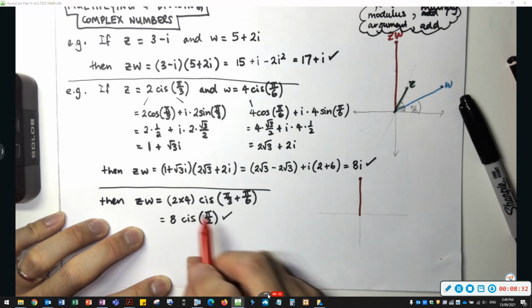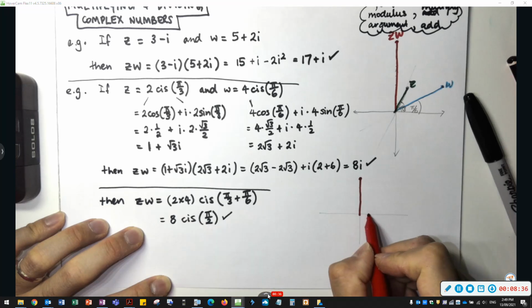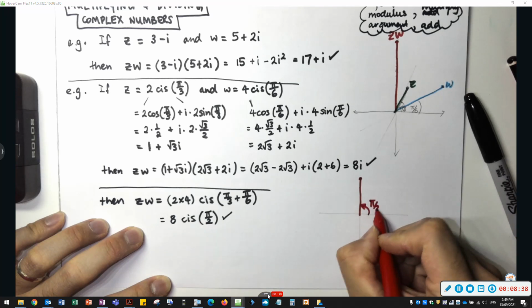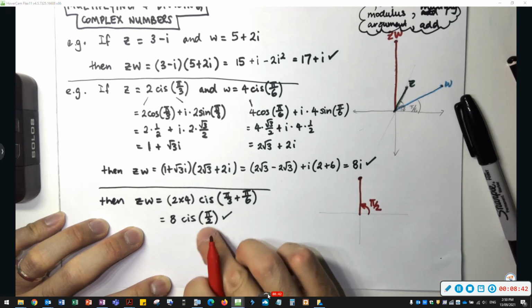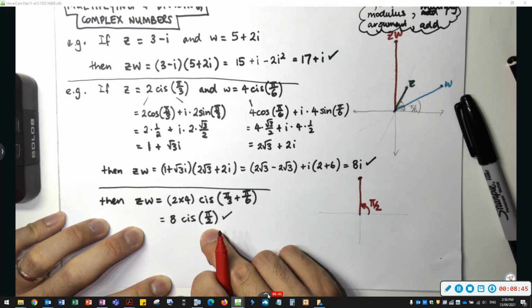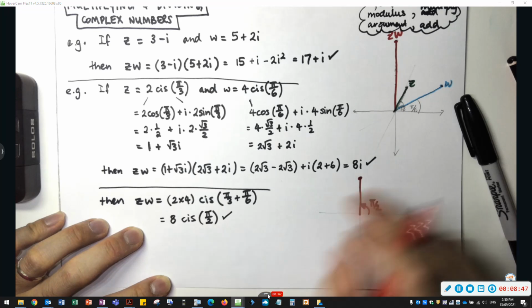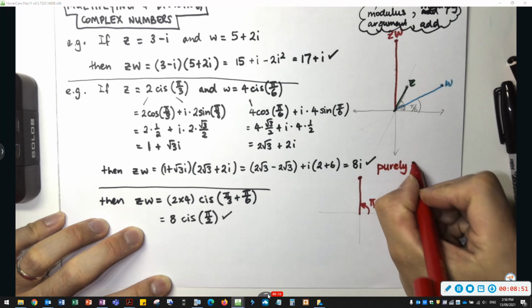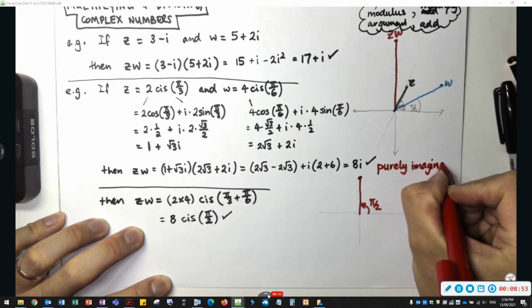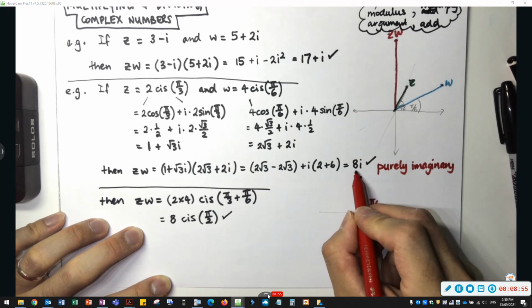That means go around with an angle of pi on 2 and a length of 8, which is exactly there. Anything with an argument of pi on 2 means the number is purely imaginary. Okay, that's what they will say. Purely imaginary means there's no real component.